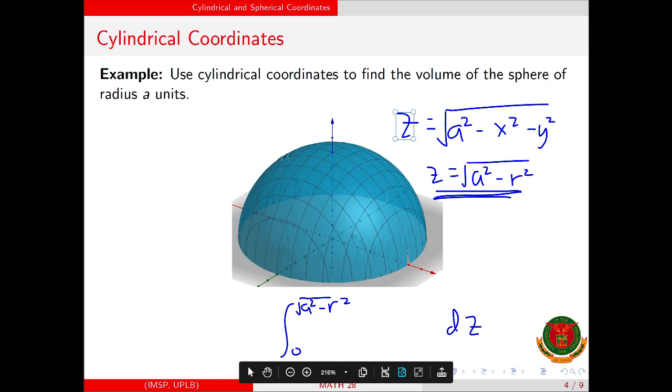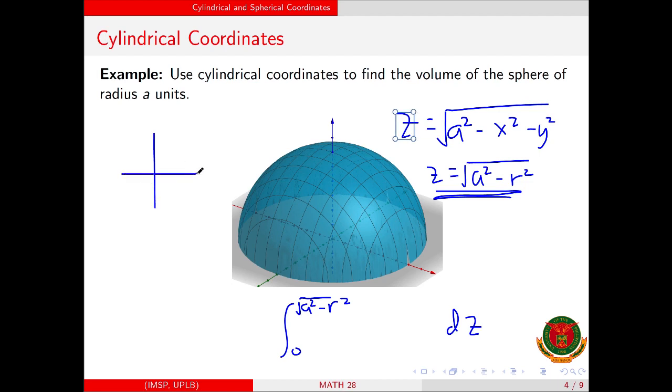Take note, if we have this sphere, the region considered on the xy plane is actually a circle of radius a units.